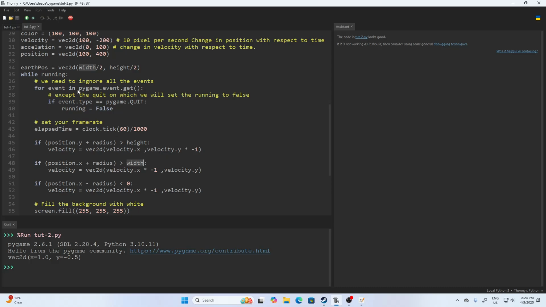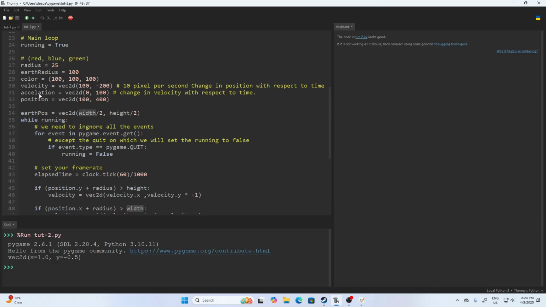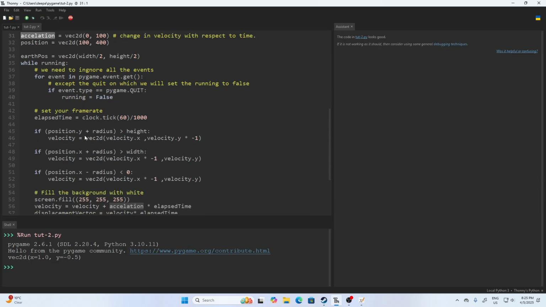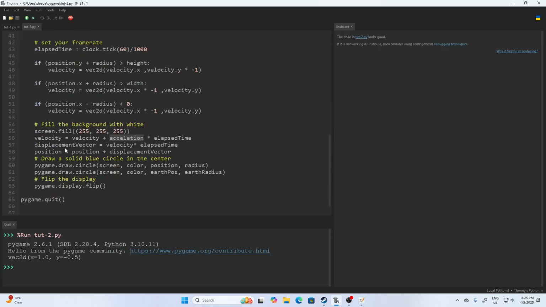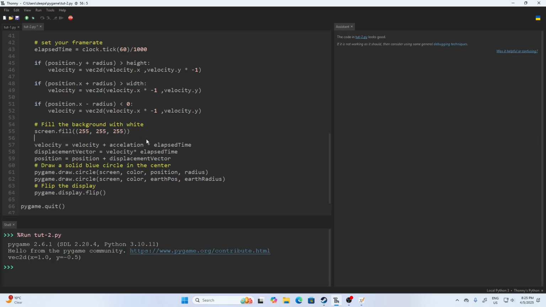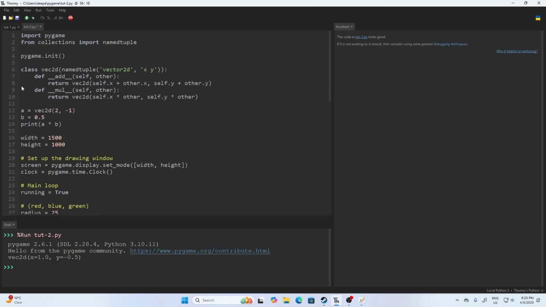Okay, so what we learned is that we want to calculate the acceleration. Earlier the acceleration was constant, it never changed. But now we don't want that. We want the acceleration to be calculated every time. So the acceleration will be minus, right? Do we have the minus operation? No, we're just going to add one.